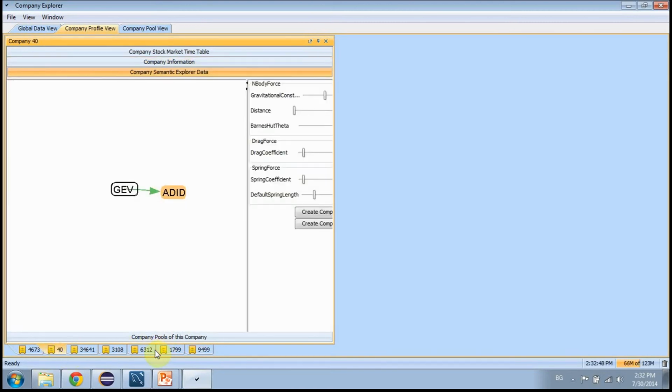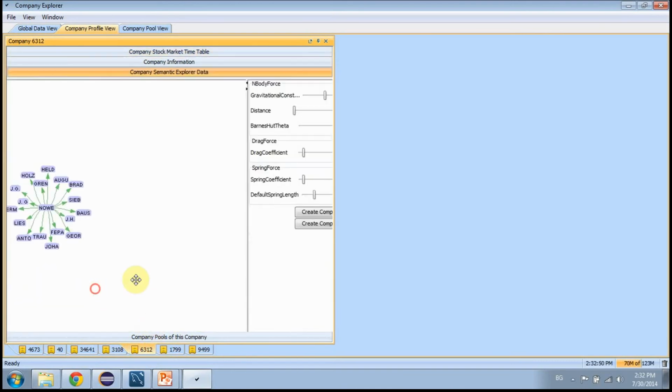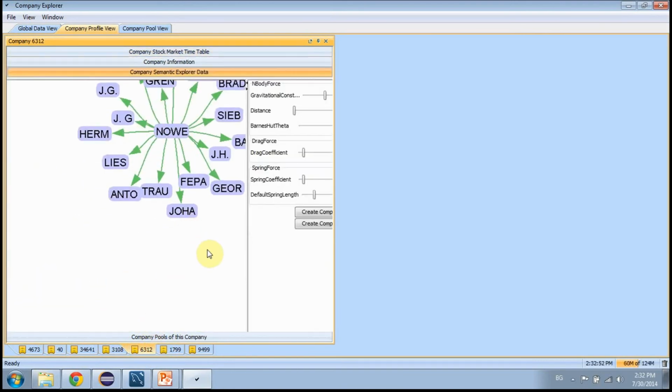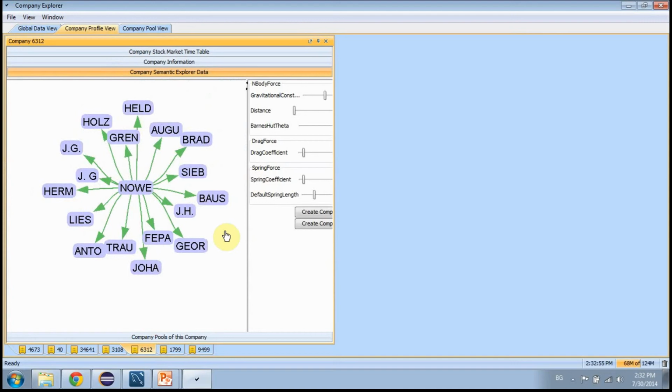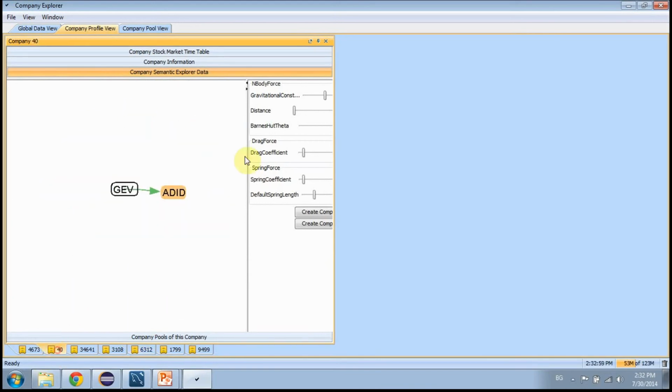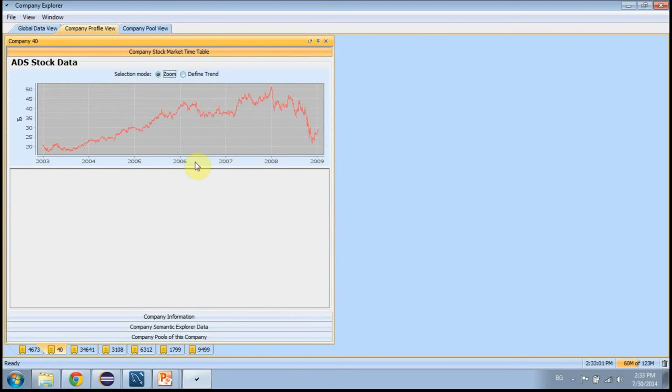Then a company which has more shareholders, for example this one. It might be interesting to discover relationships between those companies, so we will save it for later.